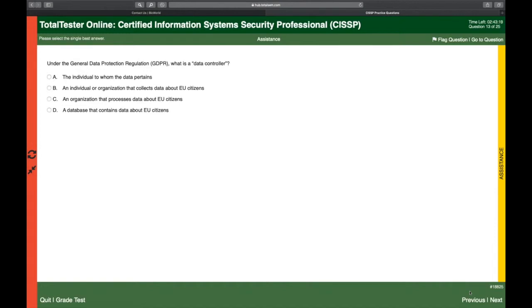Number 13, under the General Data Protection Regulation, what is a data controller? Ready. Okay, go for it. Bravo.